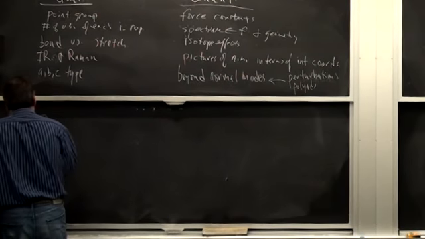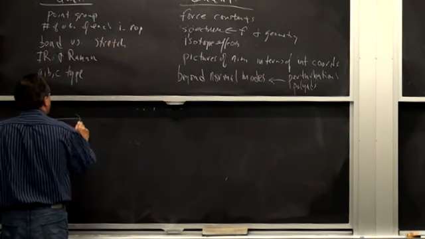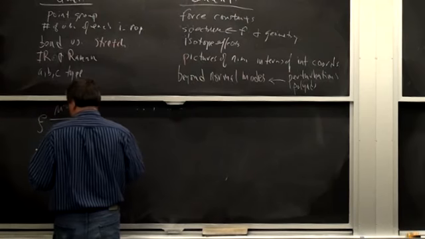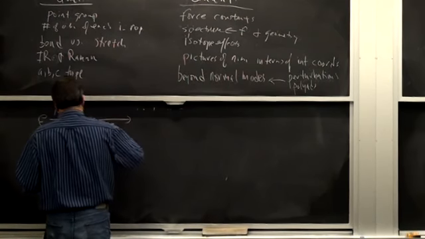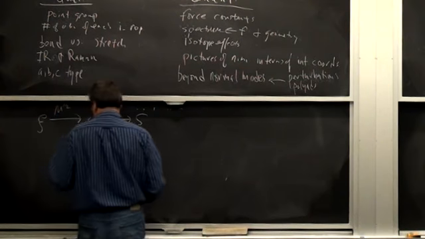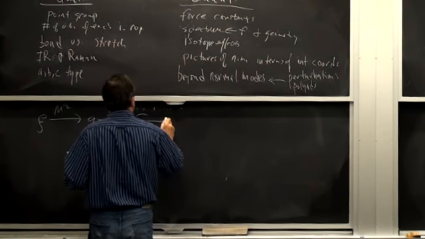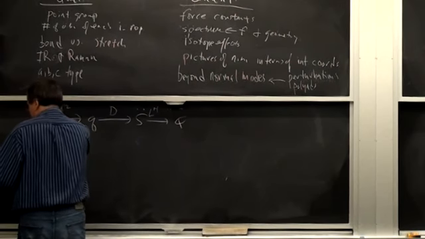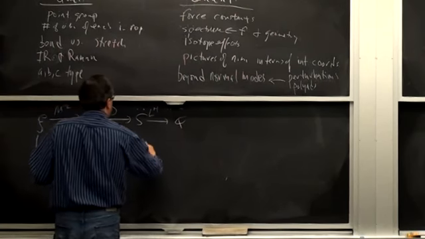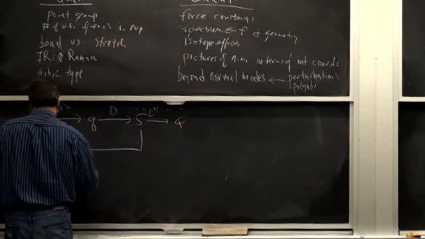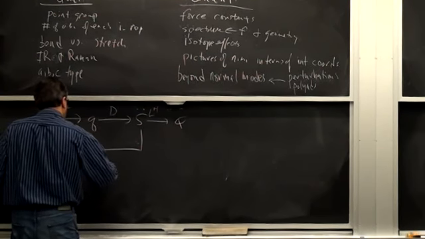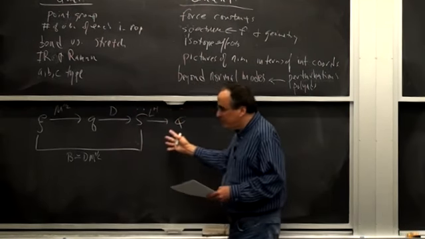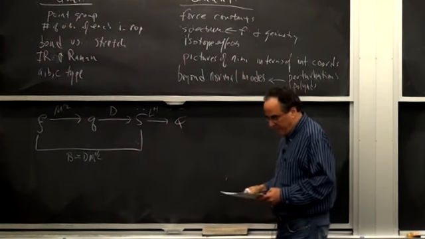We have psi, we have q, and m to the 1/2 takes us there, and we have S, and D takes us there, and then we have Q, and L minus 1 takes us there. And if you want to go directly, we have B, which is equal to D times m to the 1/2. So there's a whole bunch of matrices and transformations that we're going to deal with.